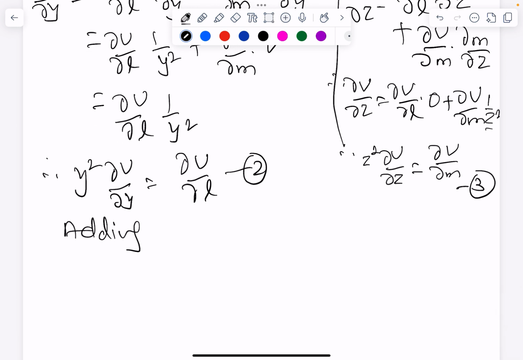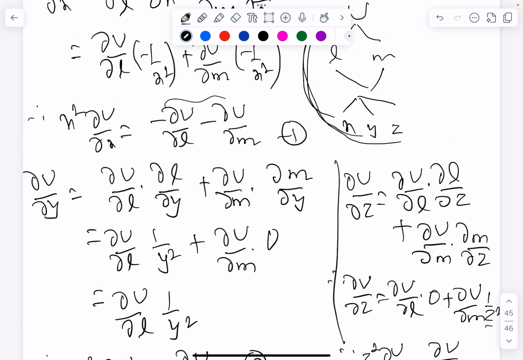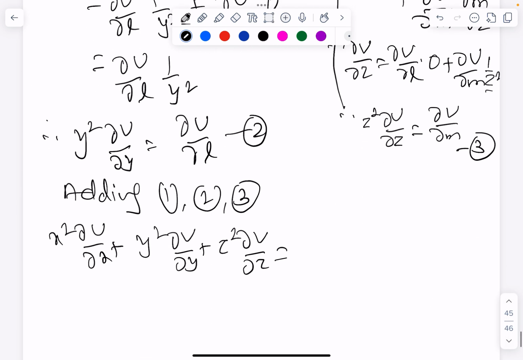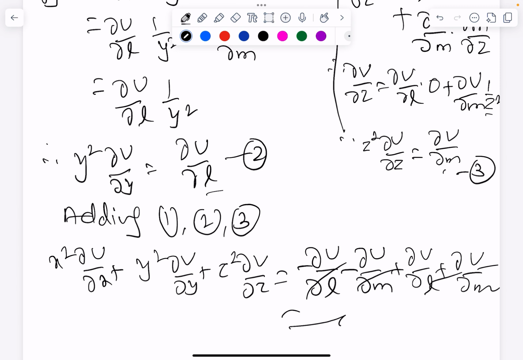So now if we add 1, 2, 3: x square del u by del x plus y square del u by del y plus z square del u by del z equal to minus del u by del L minus del u by del M plus del u by del L and plus del u by del M. And so these all cancel, so it is equal to 0.